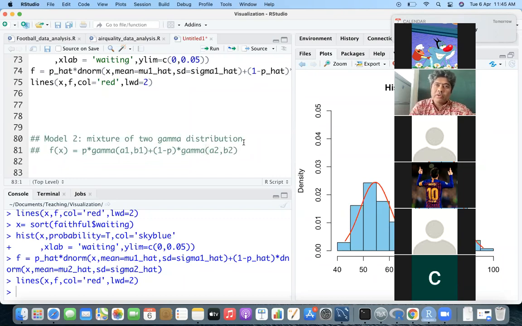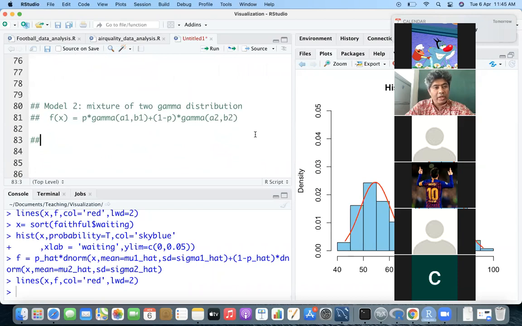Then somebody can say, why gamma? I will try log gamma. Okay, let us try that too. Or why should both be gamma or both be log gamma? I can say a mixture of one gamma and one normal. That is also fine.